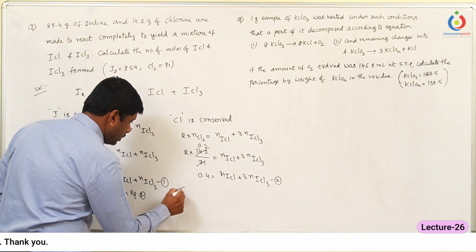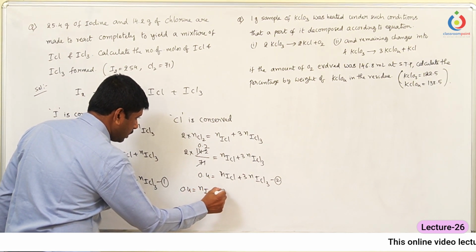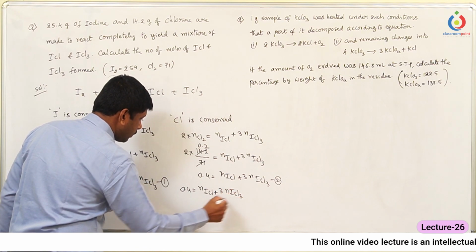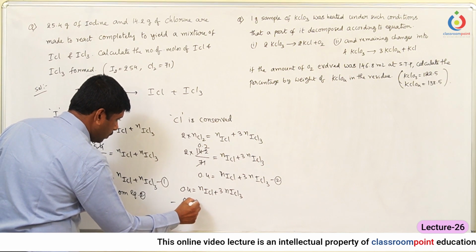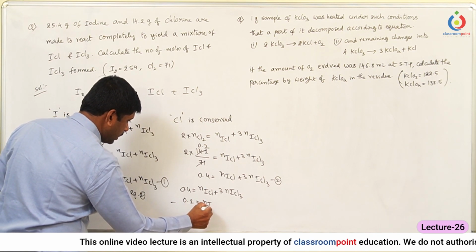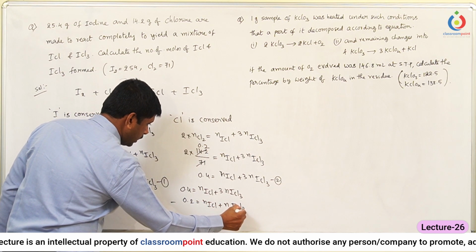So equation 2 is 0.4 equals number of moles of ICl plus 3 number of moles of ICl3, minus 0.2 equals number of moles of ICl plus number of moles of ICl3.